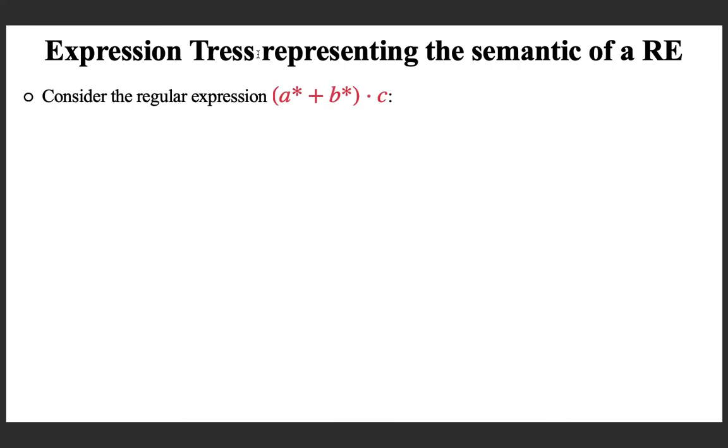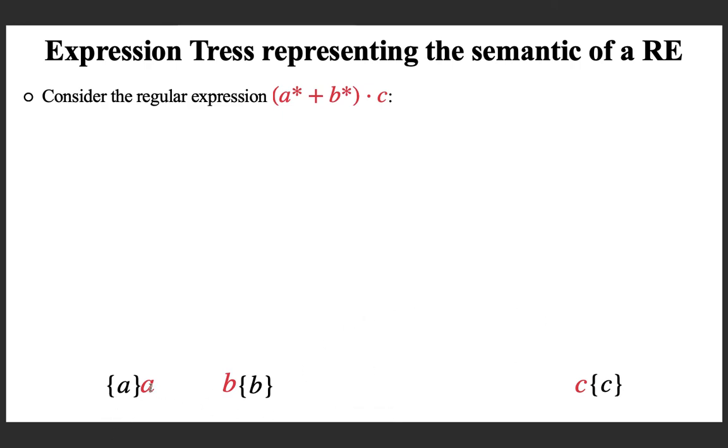Now, if you want to see what language is represented by this regular expression, you can use an expression tree modeling it, which will help you identify the language represented. These are the basic regular expressions, A, B and C. From the definition, you know that these are the languages represented.